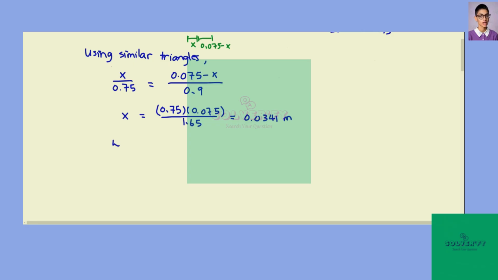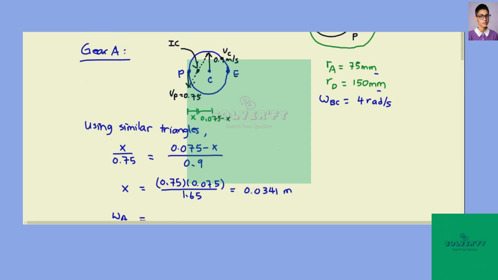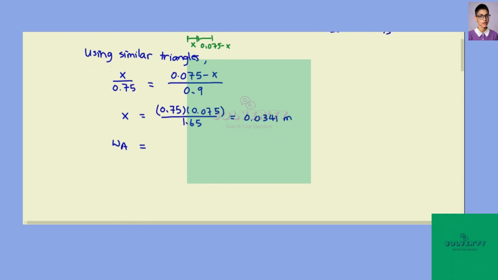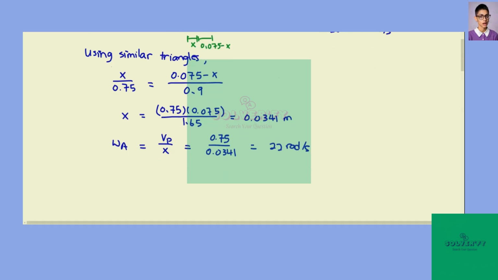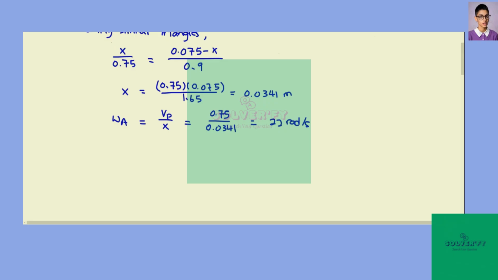We can then determine omega A. It should be obvious that omega A is counterclockwise. Omega A will be Vp divided by x. So this is 0.75 divided by 0.0341, which is 22 radians per second. Then we can find VE.